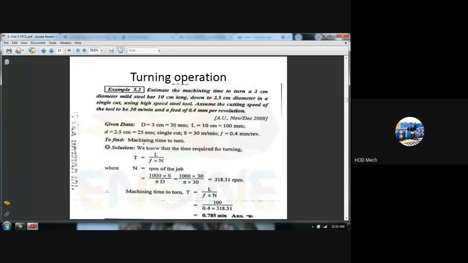And you are required to reduce it to 2.5 centimeter, that means 25 mm. You have to reduce 30 diameter to 25 diameter, so 5 mm you have to reduce. And the problem says you have to do it in a single cut. Only once you are given a chance, in a single cut, you have to remove 5 mm. The tool used is a high speed steel tool, and the cutting speed is given, and the feed is given.